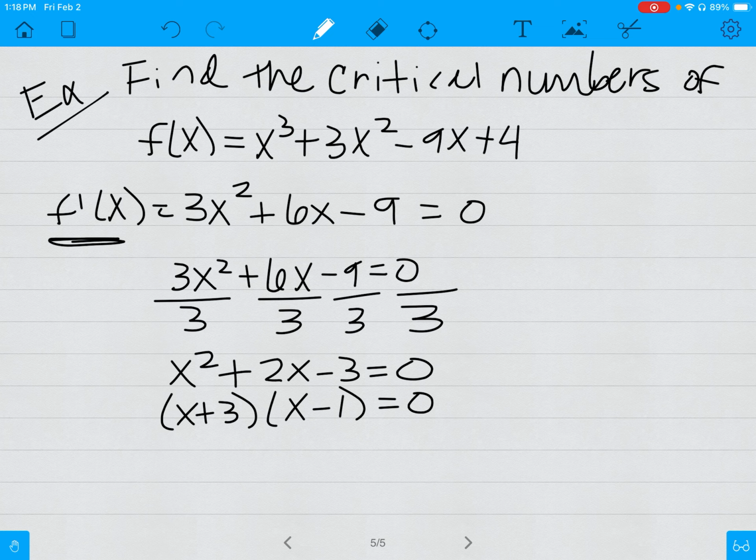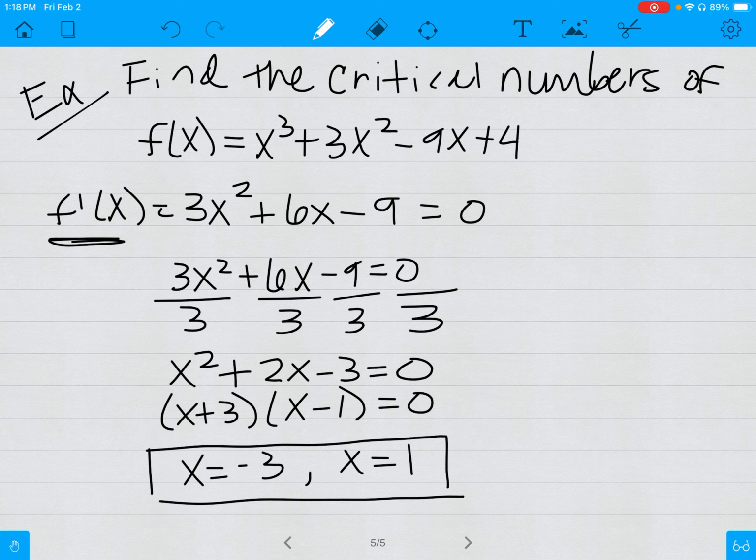And then solving for x, we get negative 3, and we also get positive 1. And these are our critical numbers for that function. You'll notice that we don't have a case where we get a critical number because the derivative does not exist, because since this is a quadratic, quadratics exist everywhere.